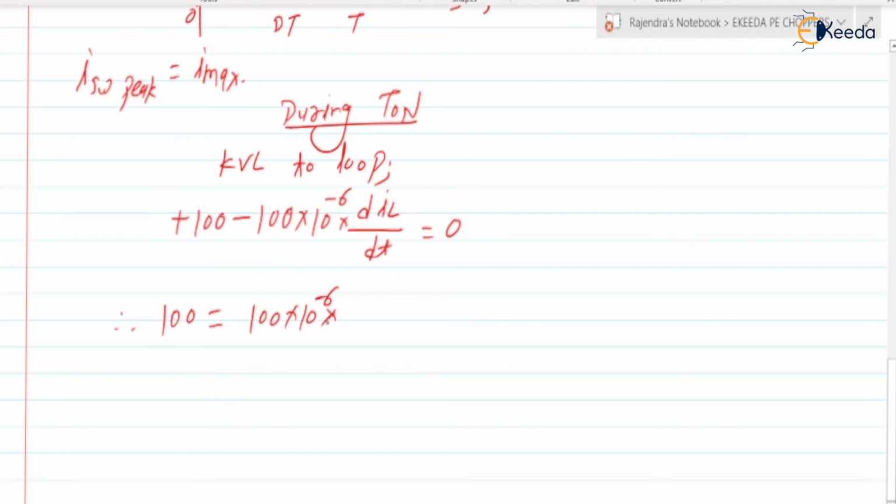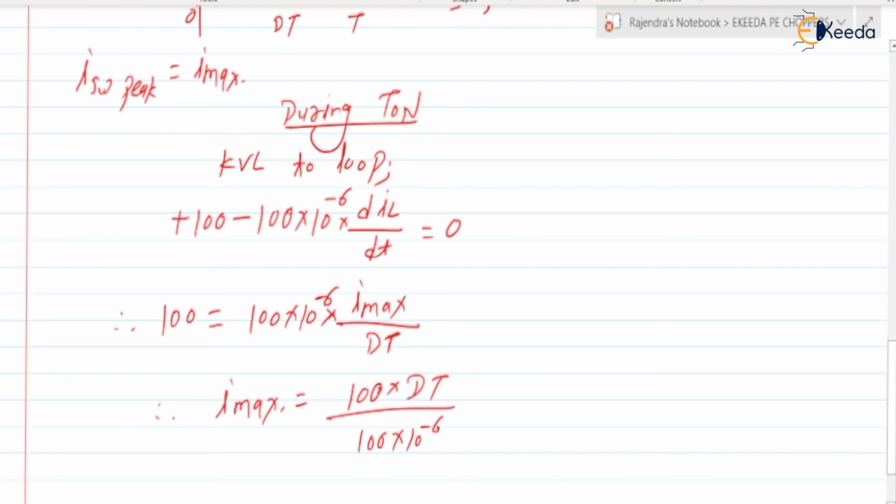So we can write it as I max divided by dT, where dT is nothing but T on. T on is nothing but the duty cycle d into the total time T. Therefore, I max is equal to 100 into dT divided by 100 into 10 to the power minus 6.